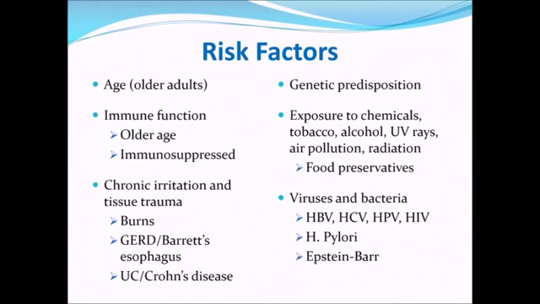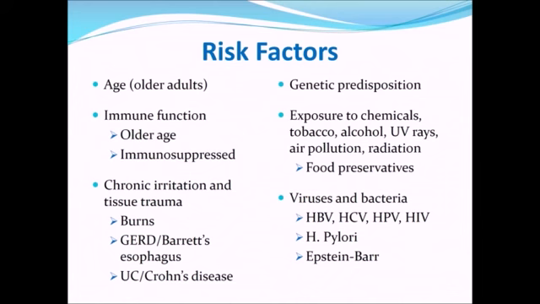Patients with GERD that develop that Barrett's esophagus, where you have that constant chemical irritation of the lower part of the esophagus, that puts them at risk for esophageal cancer. Ulcerative colitis and Crohn's disease, that chronic inflammation of the large bowel, is going to put them at higher risk for developing colorectal cancer. We talked about the genetic predisposition.